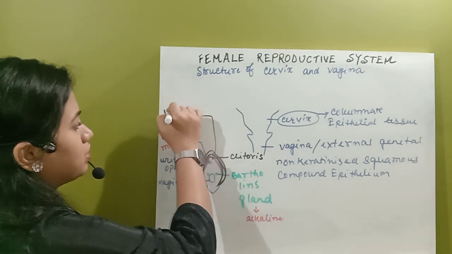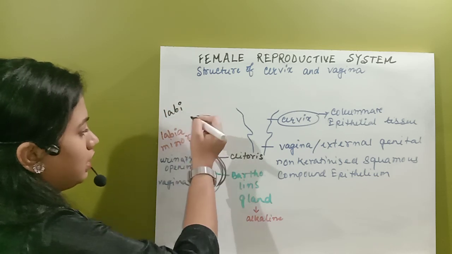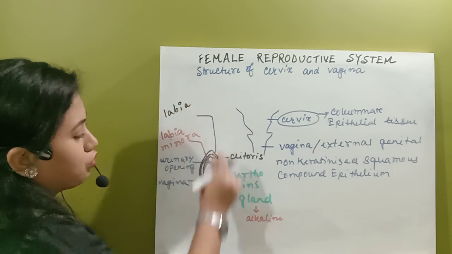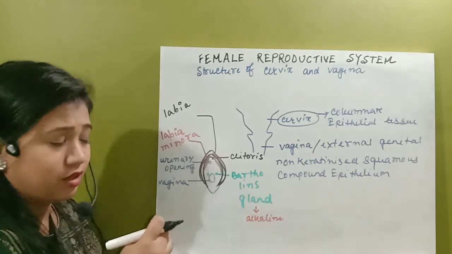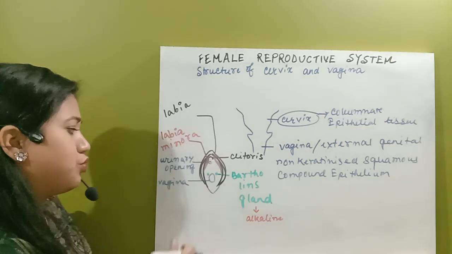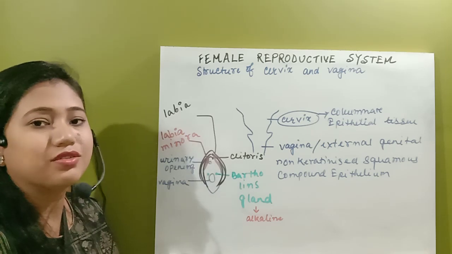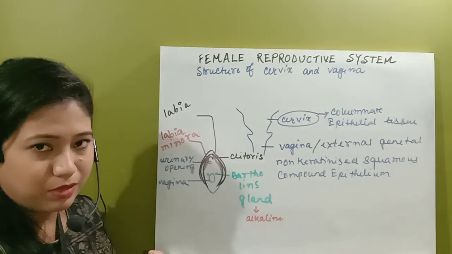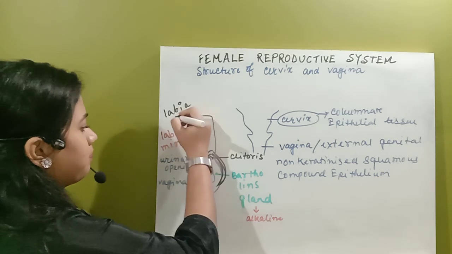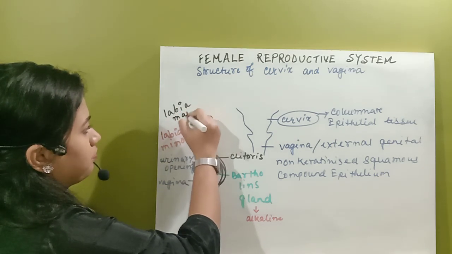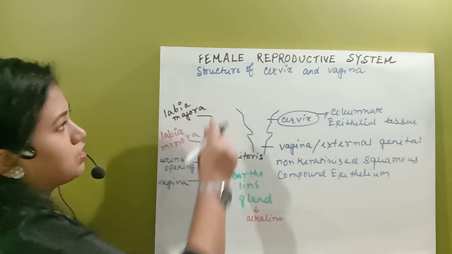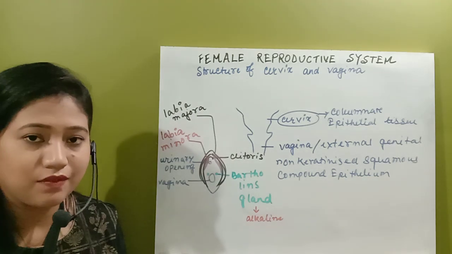Basically, both the labia majora and labia minora protect the female openings, both the urinary as well as the vaginal opening, from any external sources. So that is the structure of the cervix and the vagina.